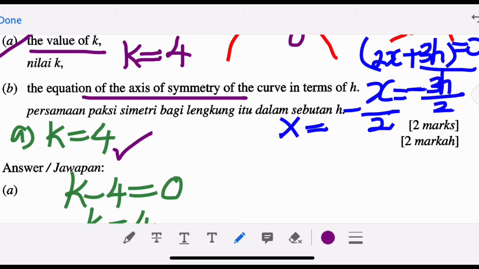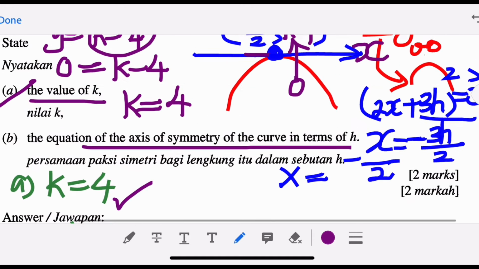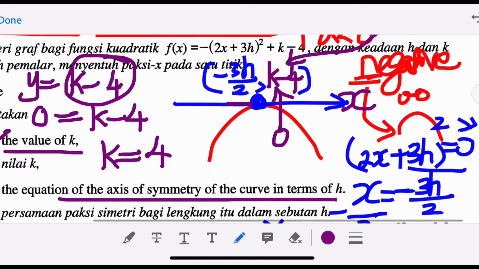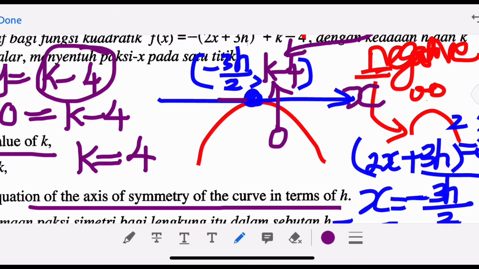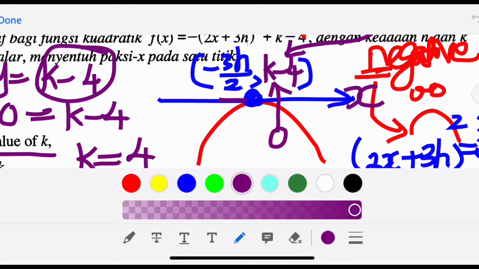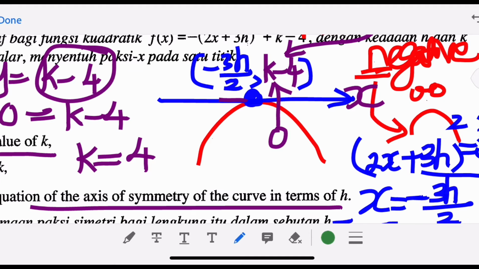And the equation of the axis of symmetry in terms of h. The axis of symmetry is a straight line that must pass through the turning point. Since it is an axis, it must be an equation. It is cutting at the x-intercept here, so it's very simple.